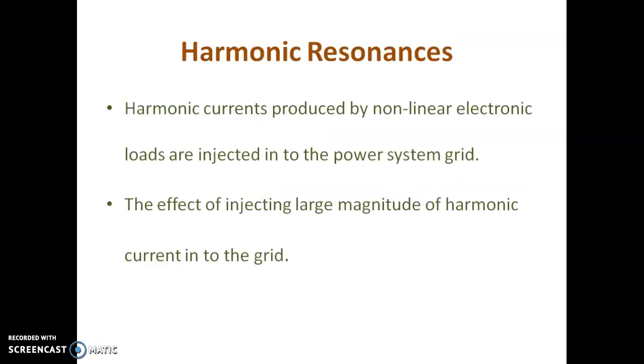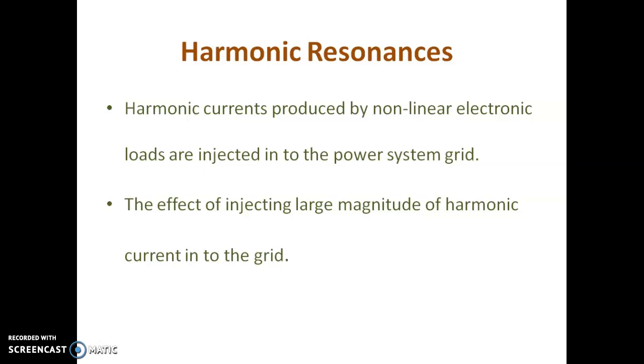Next is harmonic resonances. A potential problem with distributed generation is the occurrence of resonance, which is due to the amount of capacitance connected to the distribution grid. The harmonic current produced by non-linear electronic loads is injected into the power system grid.